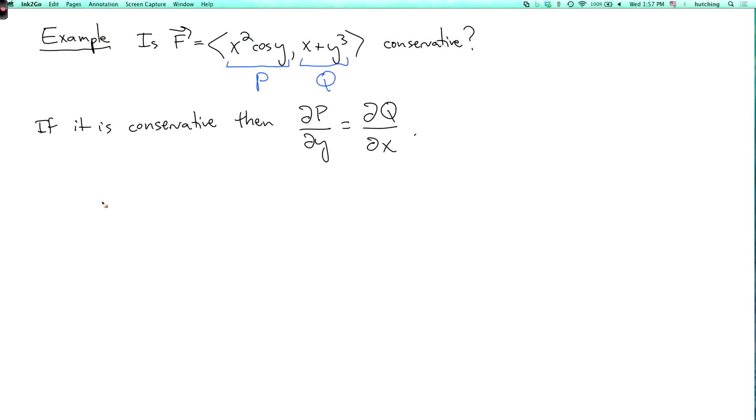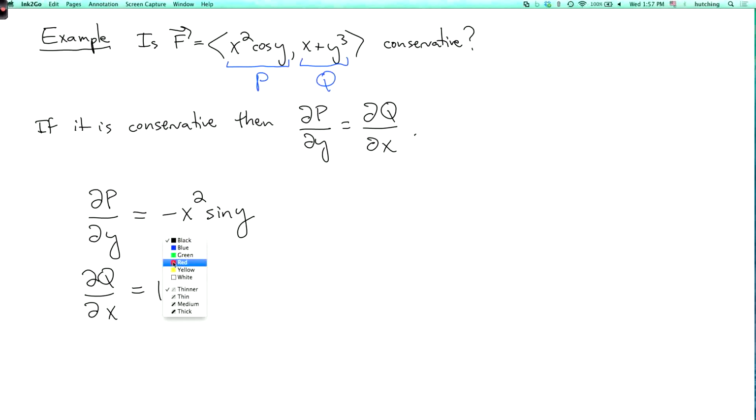So dP/dy is equal to minus x squared sine y. On the other hand, dQ/dx equals 1. And these are not equal.